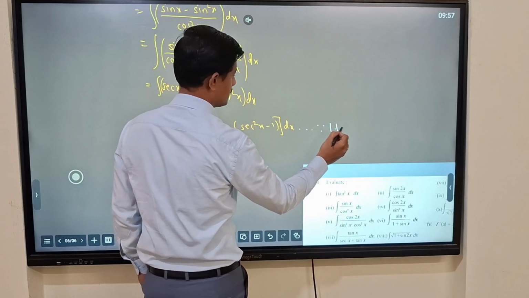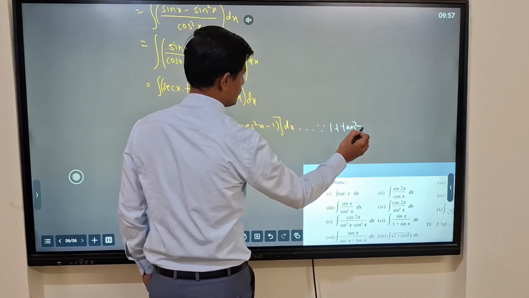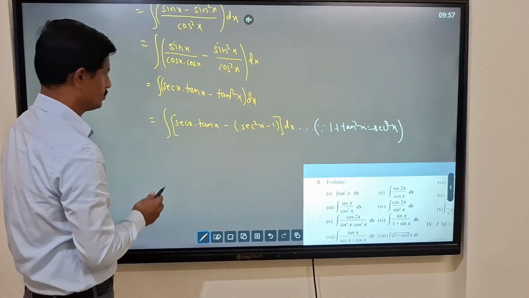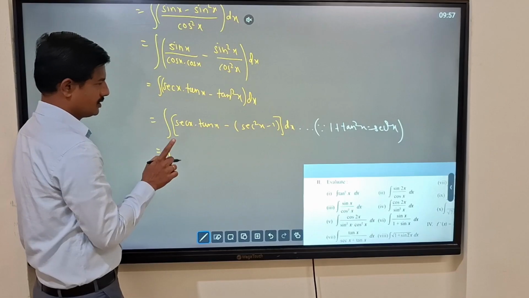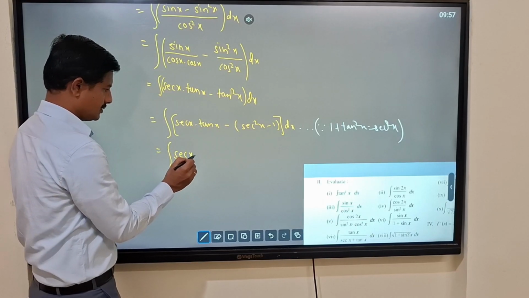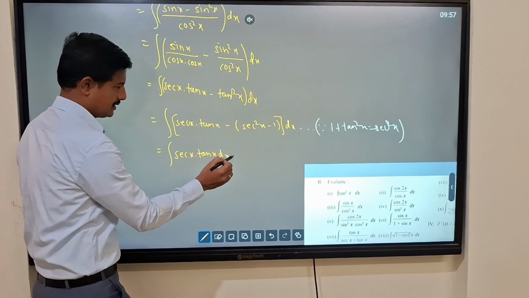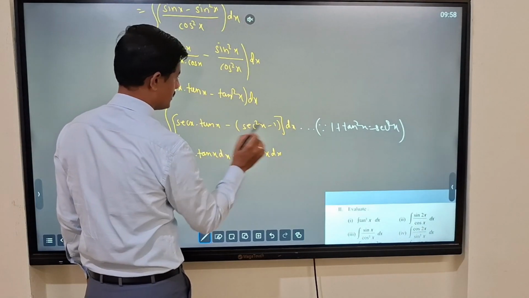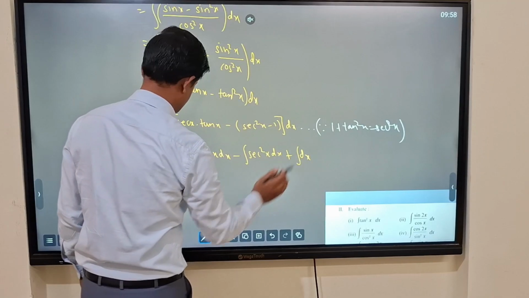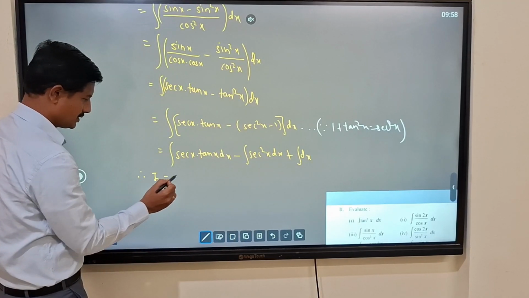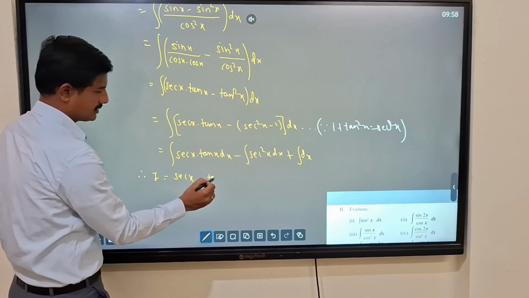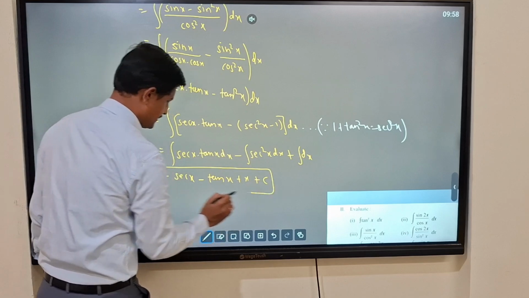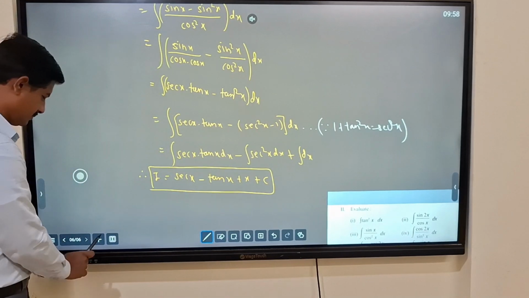Because 1 plus tan square x is sec square x. Now see, it becomes integration of sec x into tan x dx minus integration of sec square x dx. This minus minus becomes plus integration of dx. Therefore the integration becomes sec x minus tan x plus x plus c. This is the sixth one.